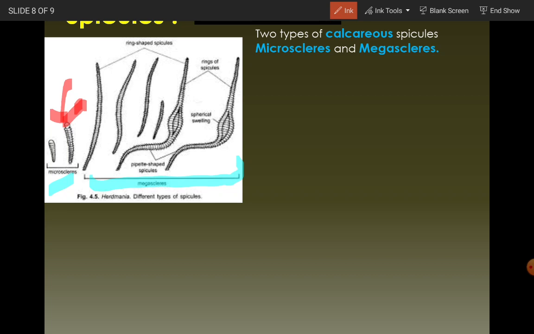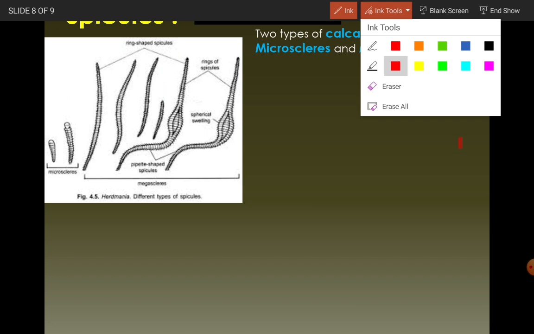In megascleres you can find 2 varieties. These are spindle shaped ones, and these have a bulb at the center; these are called pipette shaped megascleres. And these are the spindle shaped megascleres, which have tapering ends at both edges. Now let us learn one by one what is the difference between these megascleres and microscleres.